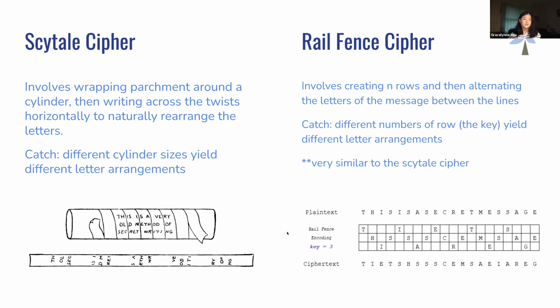And the catch, or the key here, was that different numbers of rows would yield different letter arrangements. Again, different rows could actually correspond to different cylinder sizes, but this is more of a modern take on the Skytail cipher. So let's move on to our first example.